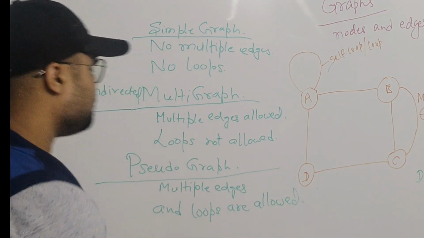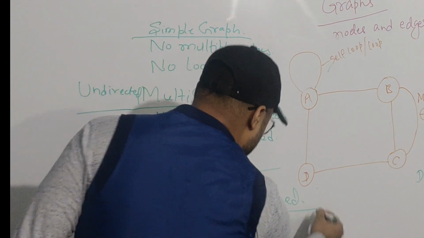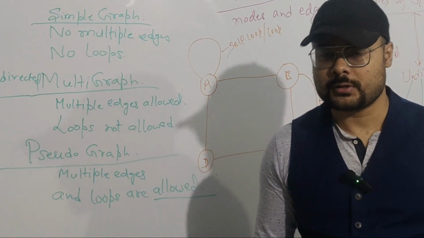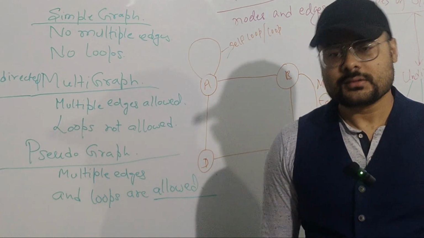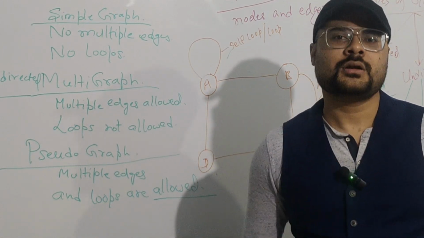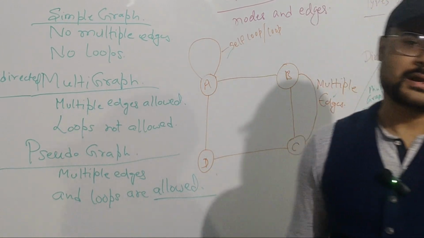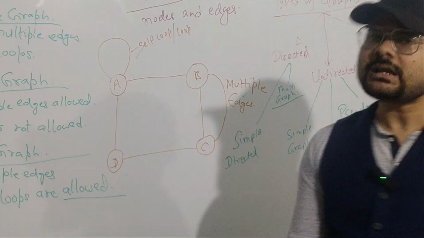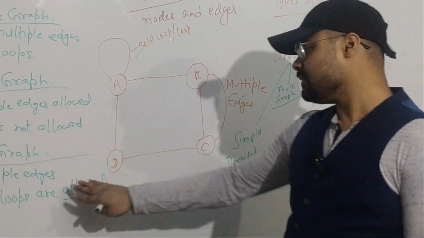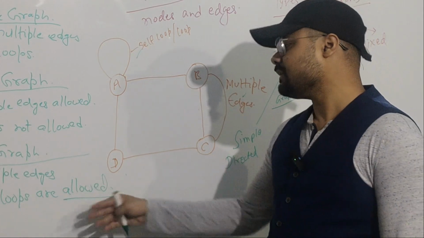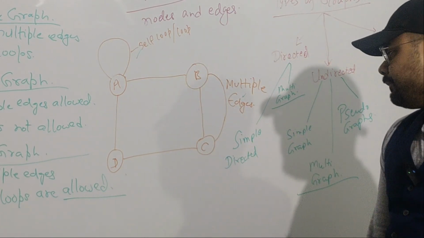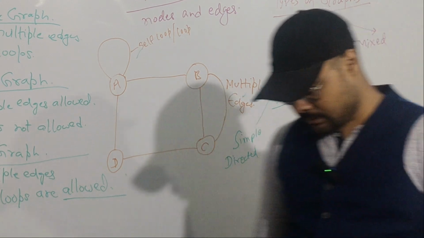Note again, this is allowed. If in an undirected graph there is no loop, there is no self edge, then this is a simple undirected graph, but it also qualifies to be called a pseudograph. Actually, a pseudograph is any undirected graph because it is allowing everything. Okay, very good.